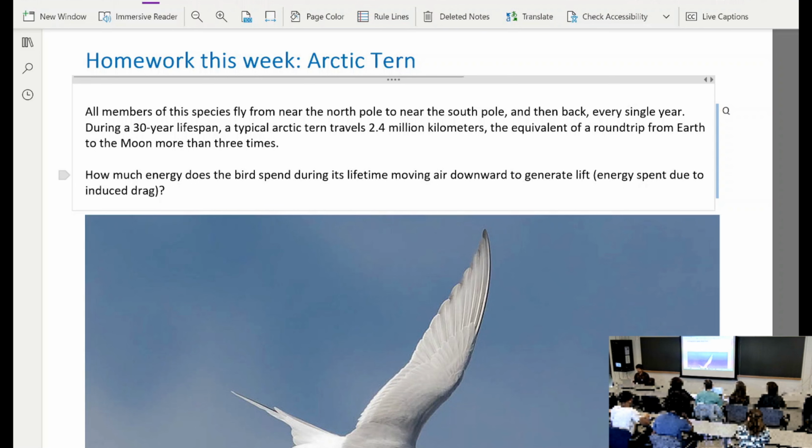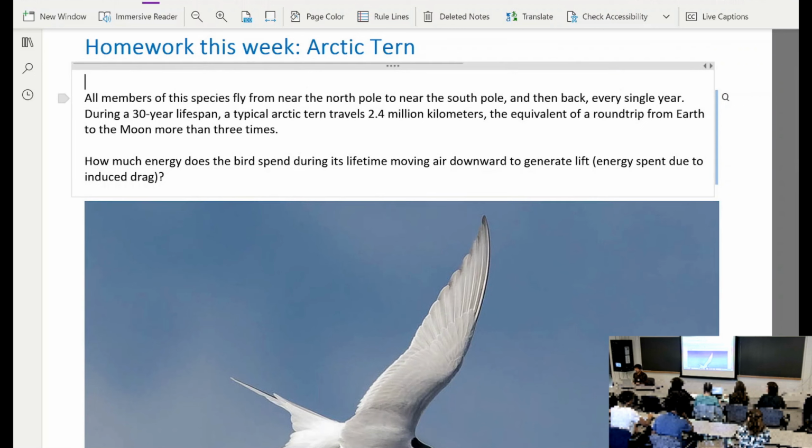Okay, and you're going to find out the design of this bird that makes it incredibly efficient in how much energy it has to spend over this much distance, which is equivalent to going from the Earth to the Moon and back many times. All right.